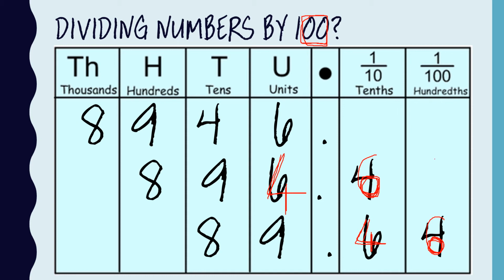Divided by 10, and then another shuffle to make it divided by 100. 2 shuffles, one first, then the second one.